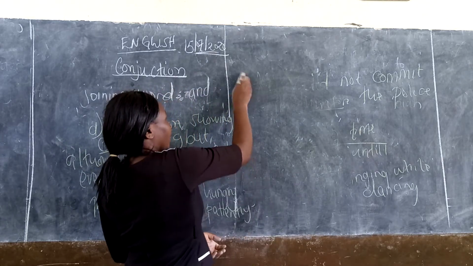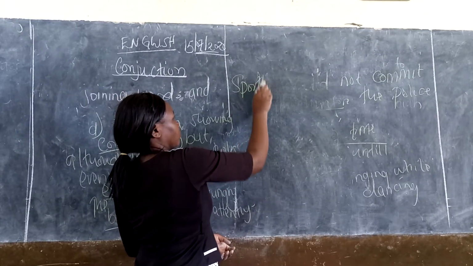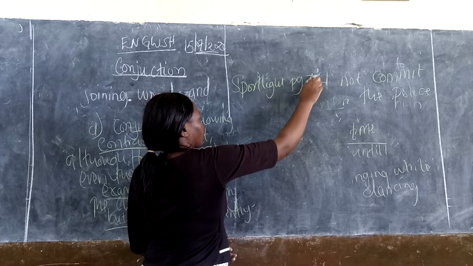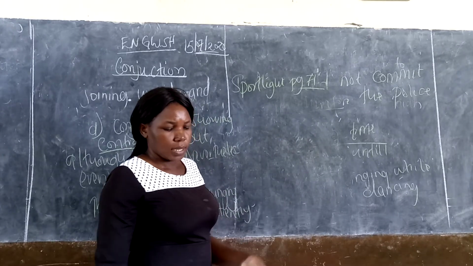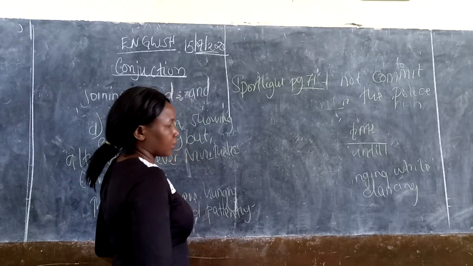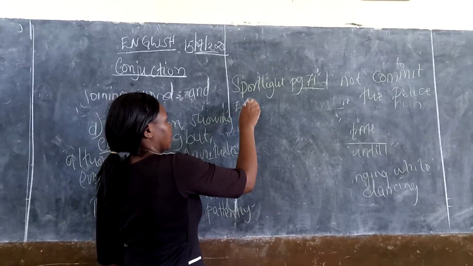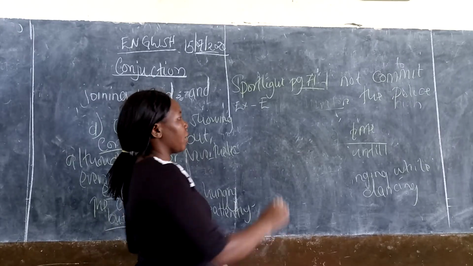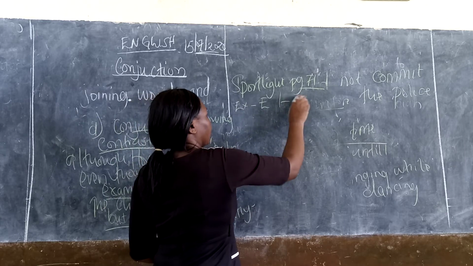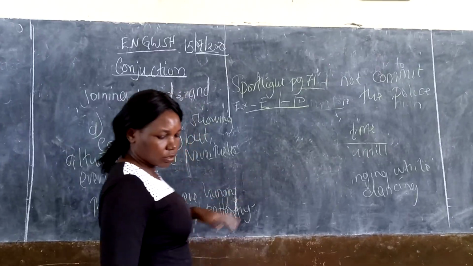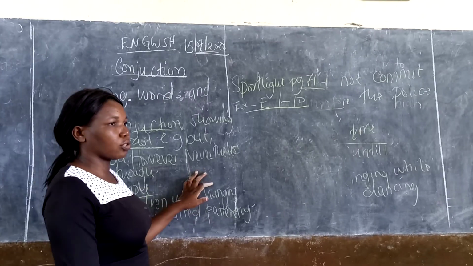Do exercise E, from number 1 to 10. You just underline the conjunction in the sentence.